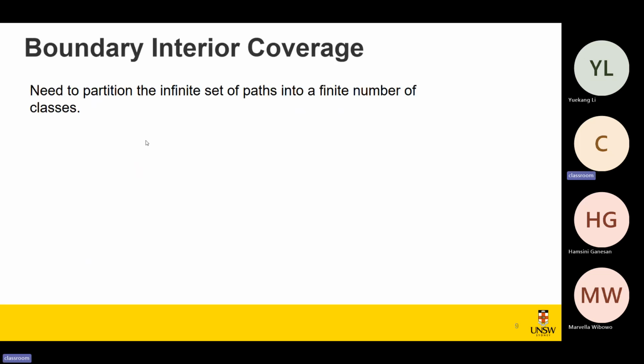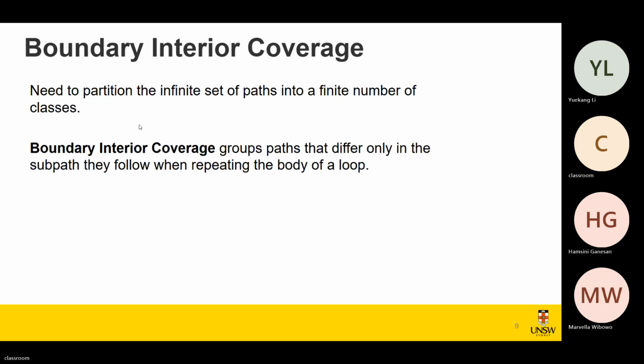And the first variation we are going to use is called boundary interior coverage. So remember, what we want is to partition the infinite set of paths into a finite number of classes or groups. And boundary interior coverage groups the paths that differ only in the subpaths when repeating the body of a loop.